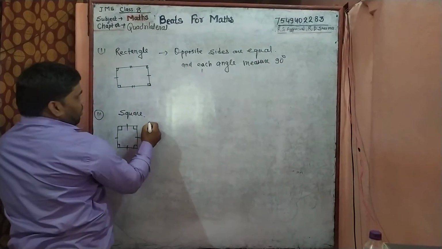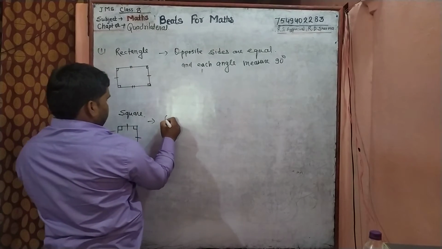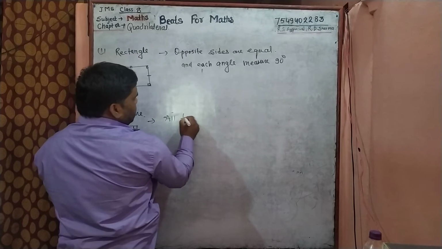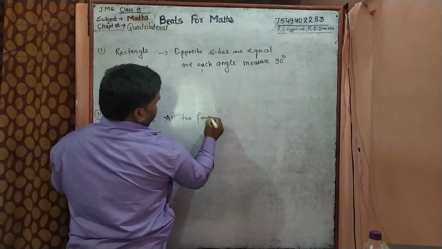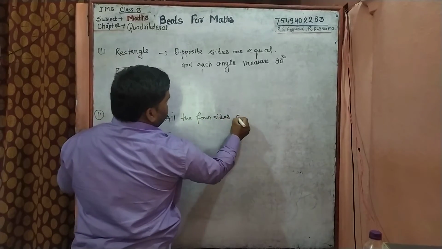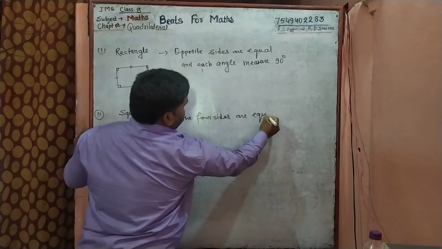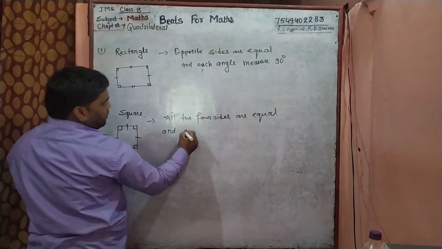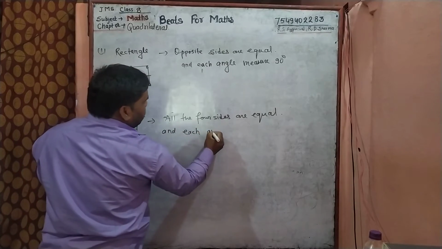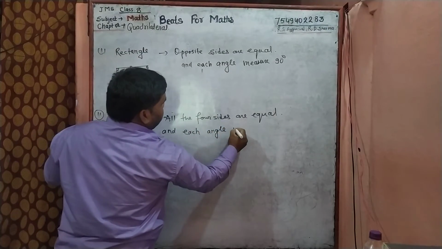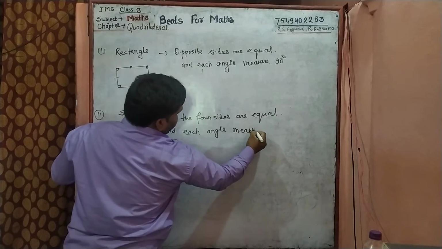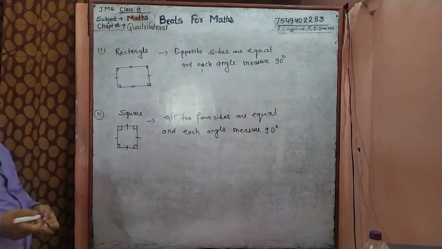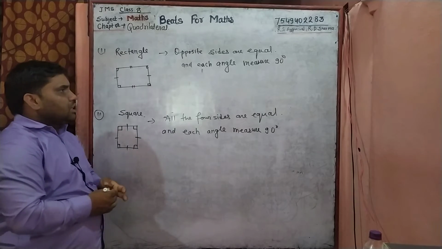Here, all the four sides are equal and each angle measures 90 degrees. Further properties, regarding their diagonals and how the diagonals bisect each other, you will learn in more detail in class 9.